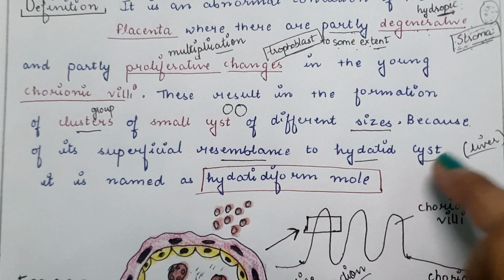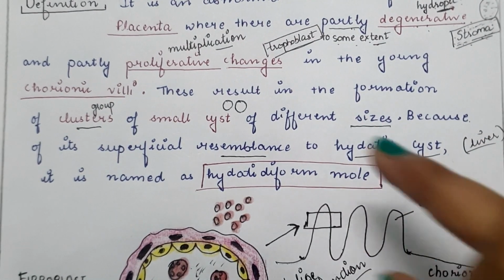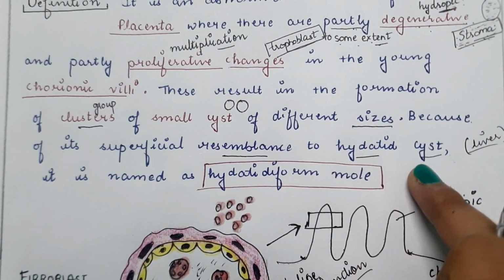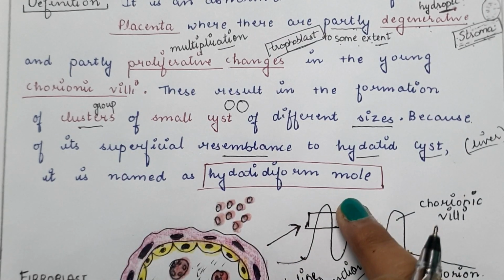What is a hydatid cyst? These are cysts which form in the liver. As the cysts formed in the uterus are physically similar to the hydatid cyst, that's why it is named hydatidiform mole.